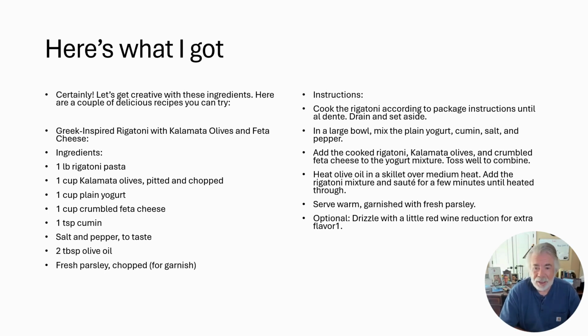And then if you look at the ingredients, I don't know how this is going to work out. I think it's going to be pretty horrible. Maybe not, who knows? Maybe I'm missing something. Also, one of the ingredients I included was red wine. This says to use a little red wine reduction. It doesn't tell you how to do a red wine reduction.